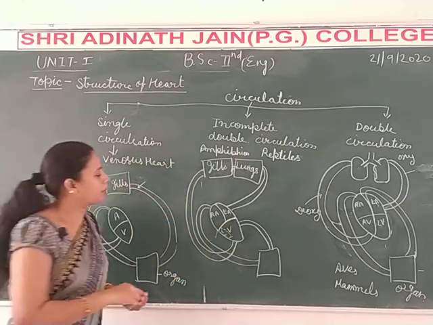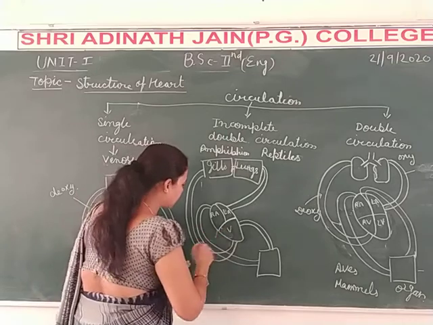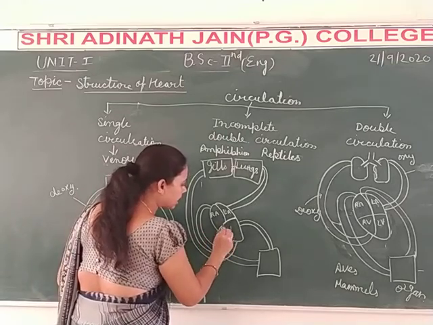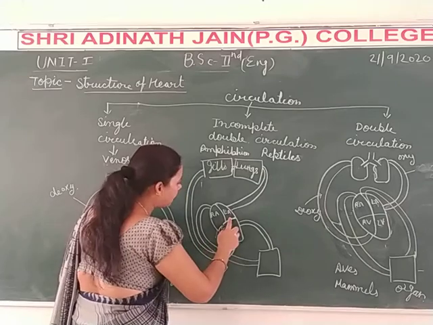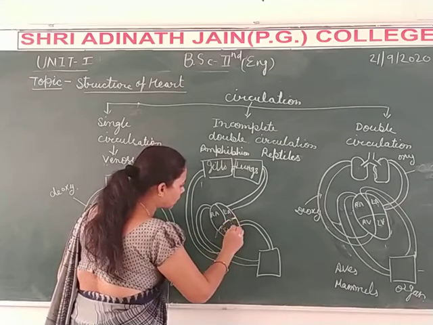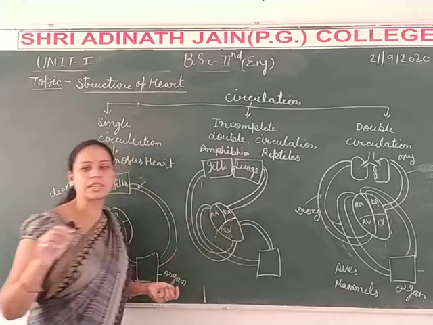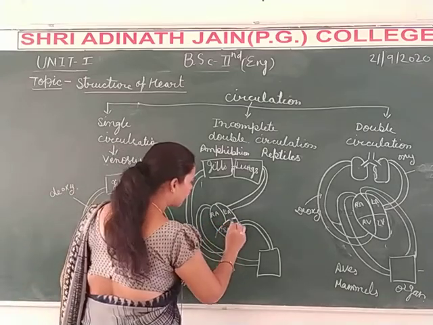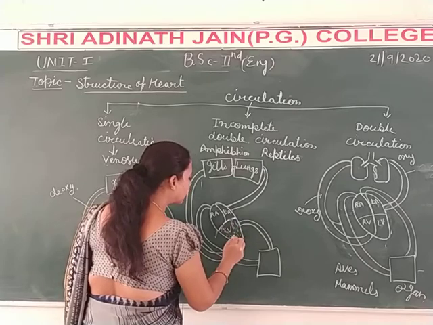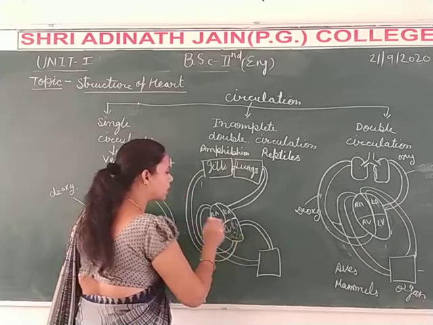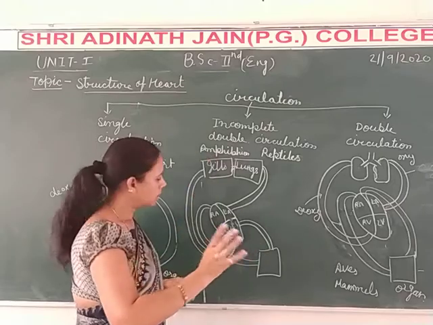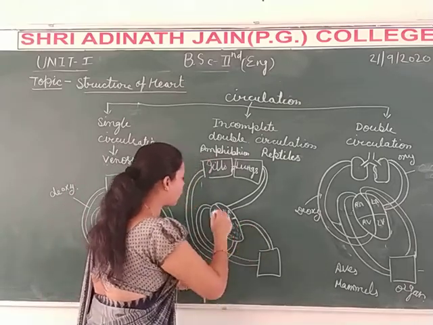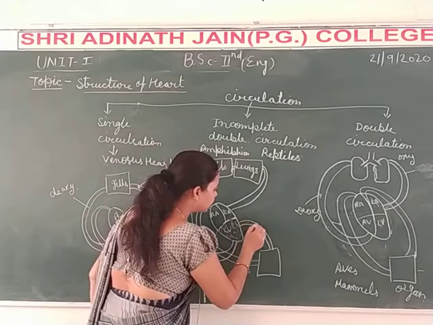If we talk about the ventricle here, deoxygenated blood is there from the right auricle and from the left auricle there is oxygenated blood. So when they transfer this blood to the body, that time they send both types of blood.